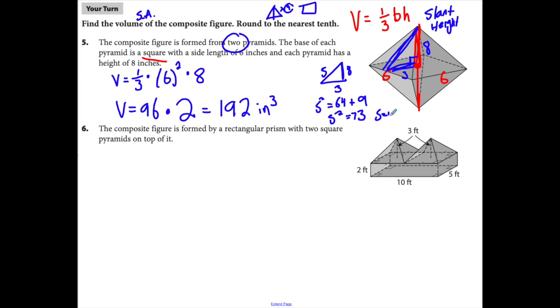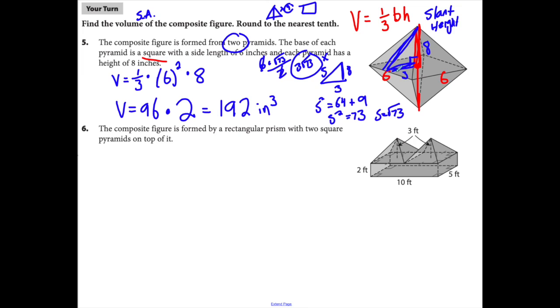So S is equal to the square root of 73. And now we do base times height divided by 2. In other words, 6 times the square root of 73 divided by 2, which is 3 times the square root of 73.